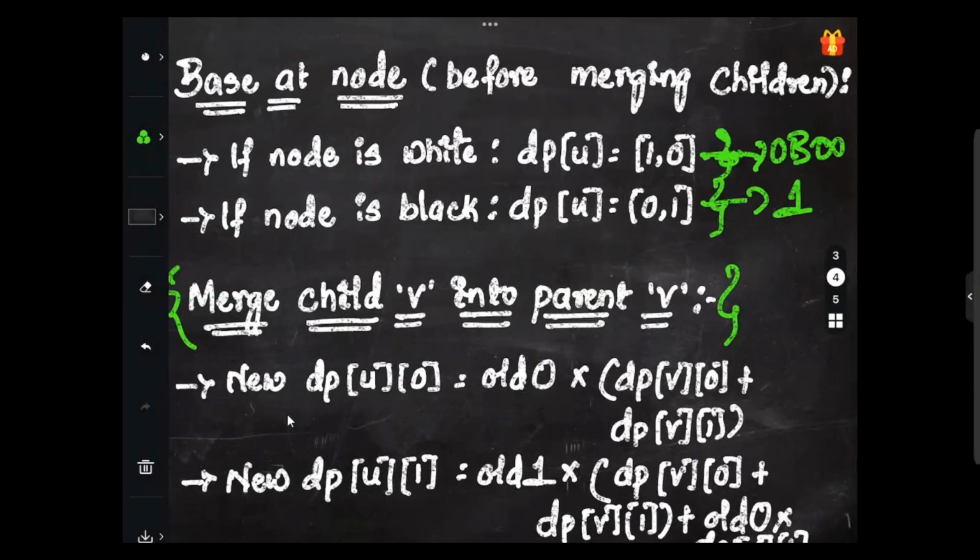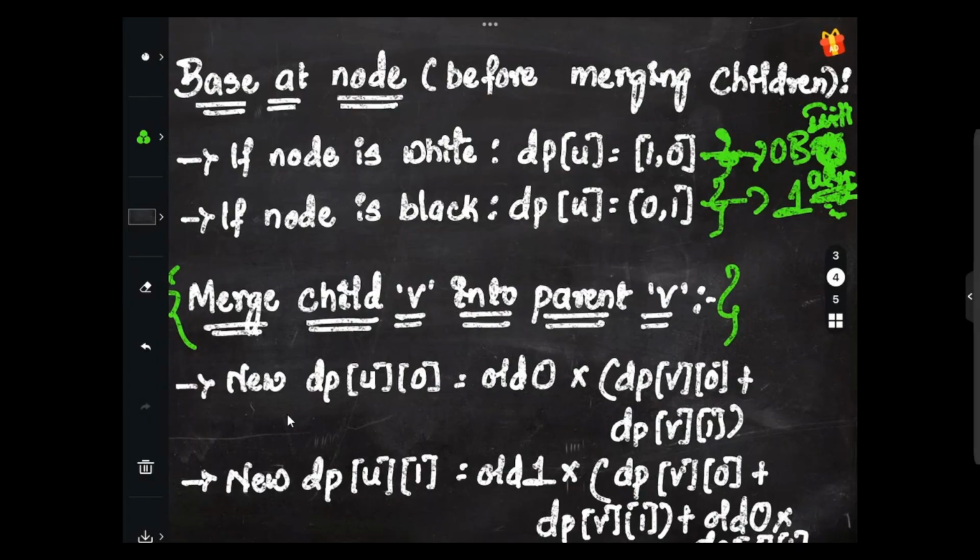Now if node is white, dp of u is 1 comma 0, meaning its own component has zero black initially. Sorry, I said infinity, but this is not infinity, it is initially. If node is black, its own component has one black, so 0 and 1. You know how we have written this one.